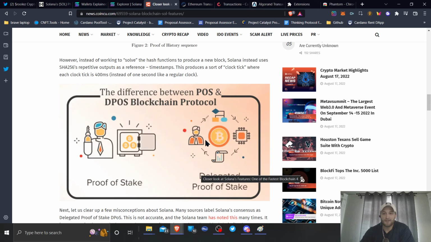You have to lock it up and get validated and have it spin up, and then in order to withdraw your rewards, you have to withdraw them, and that takes time to unspin and unlock your rewards. And in the end, it doesn't seem like a viable blockchain to me in order to invest in.